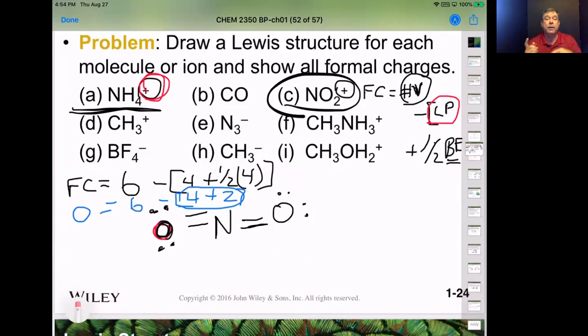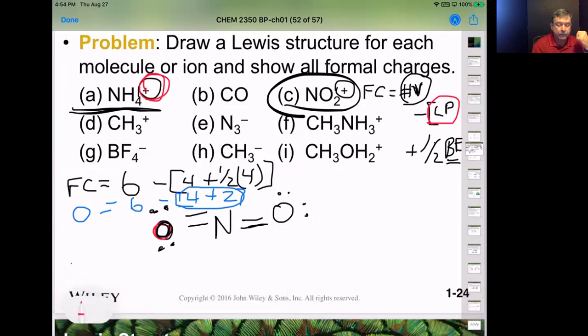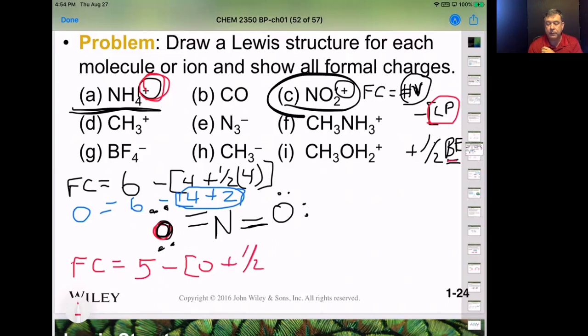Well, let's prove it by doing our formal charge calculation. So if we do that for nitrogen down here, formal charge is equal to nitrogen brought 5 electrons to it. It has 5 valence electrons in its neutral species because it's in that column 5A. So we're going to have 5, and we're going to subtract from that all of the lone pairs. Unfortunately, we have 0, so we have 0 lone pairs. Okay, plus 1/2 of the bonding electrons, right?